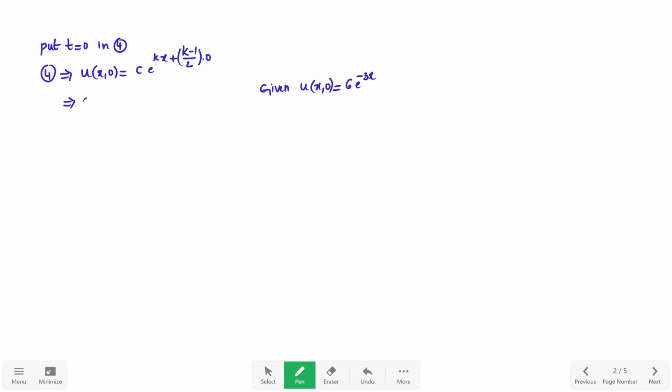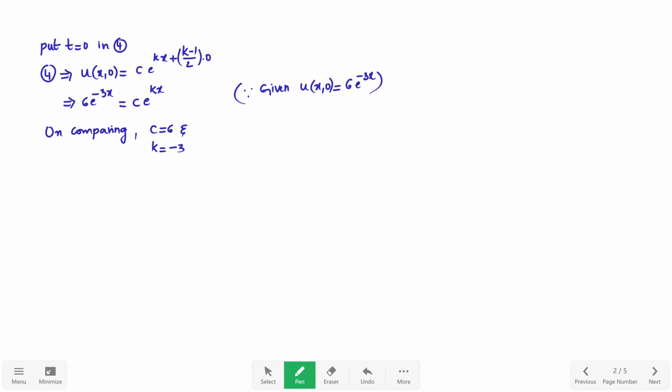Then we get 6 e^(-3x) = c e^(kx). Now to find these arbitrary constants c and k, we compare the terms. On comparing, we get c = 6 and k = -3.